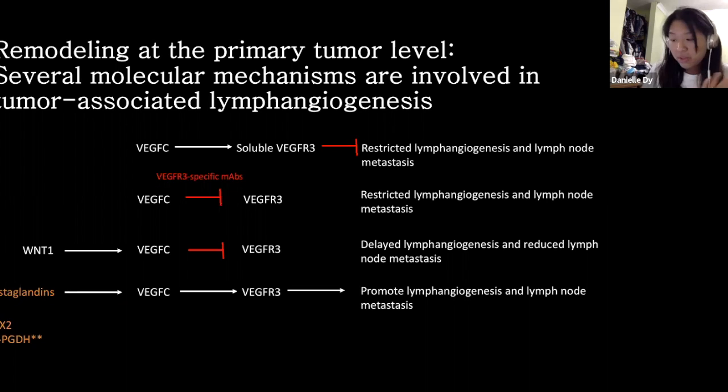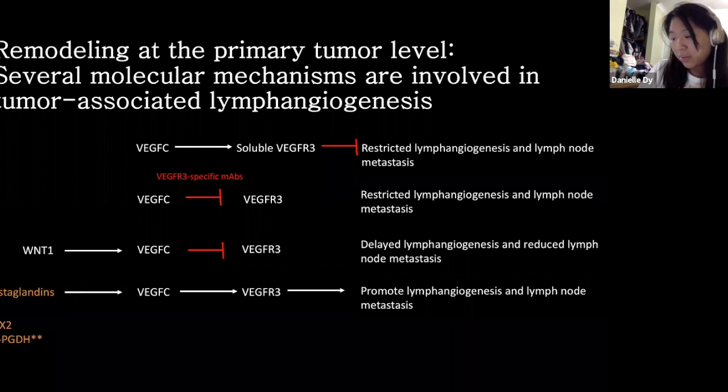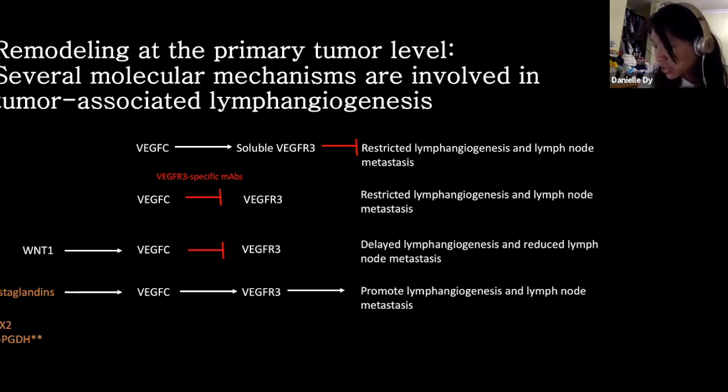And then the other one that they looked at was the role of prostaglandins in increasing the expression of VEGF-C. So they found that when they had prostaglandins and it induced the expression of VEGF-C, again through the receptor-ligand interaction, it promoted lymphangiogenesis. And then a few other important molecules that they also studied was COX-2, which was cyclooxygenase 2.